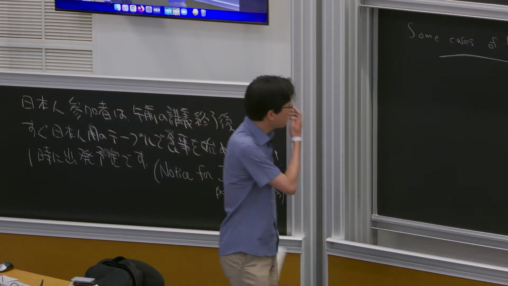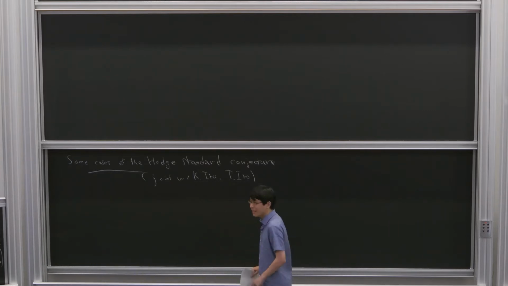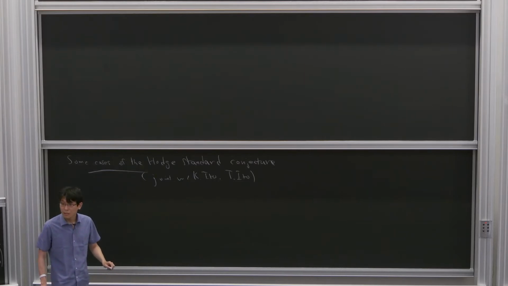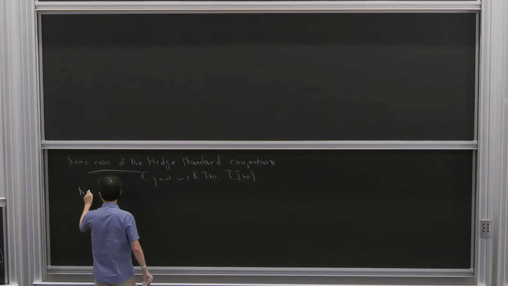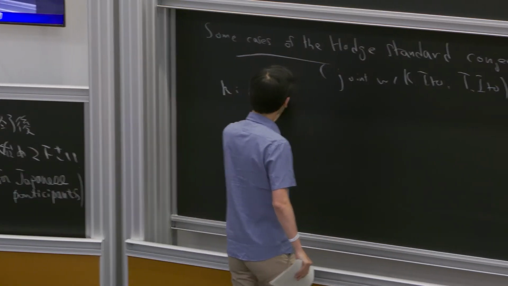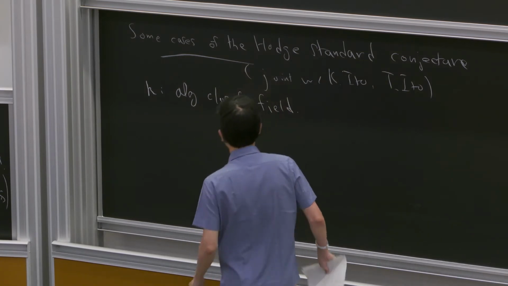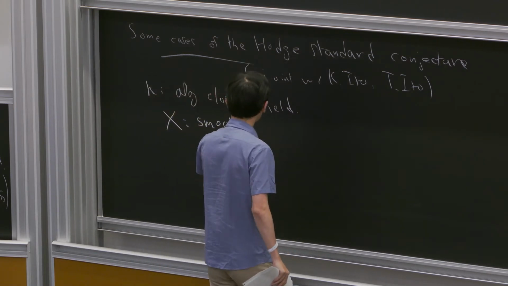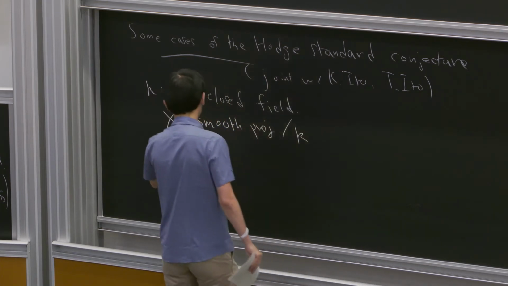Okay, so yeah, I'll talk about the Hodge standard conjecture, so let me recall the conjecture. So fix K, an algebraically closed field, and let X be a smooth projective variety over K, and we'll say connected.